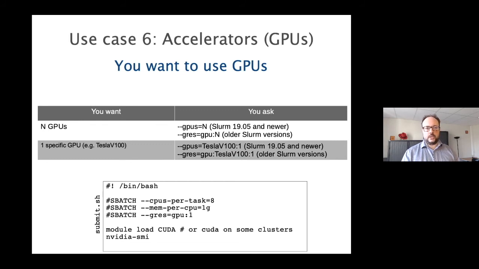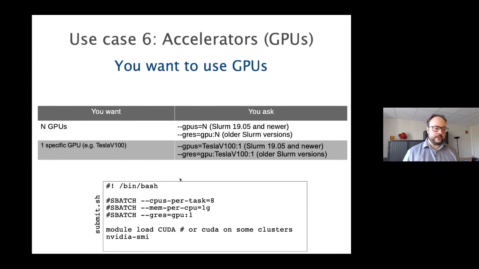And actually, on Manback, for instance, if you request one GPU, and you start the NVIDIA SMI command to see the list of GPUs, you will see only one GPU, even though there are two GPUs on the node, but only one of them will be available to your job. And if you request two GPUs by putting a 2 here, then you will see that you have two GPUs available for your job.